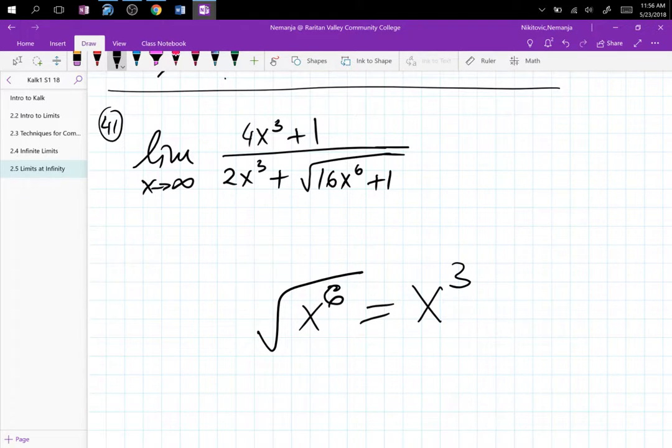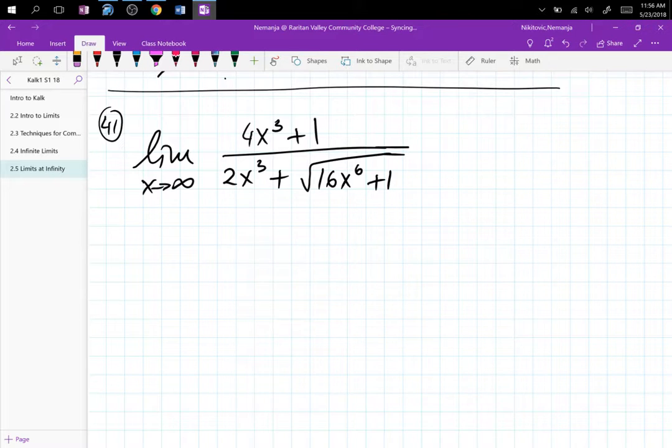So it's x cubed all around. All right, good. So you divide everywhere by x cubed. And you will end up with 4 divided by 2 plus 4. 4 divided by 2 plus 4 is 4 over 6, which is 2/3.